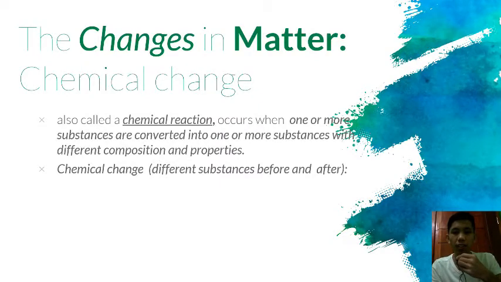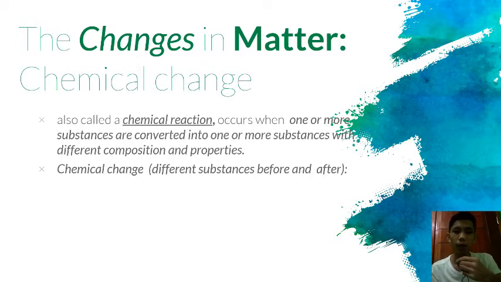Next is the chemical change. Chemical change is also called chemical reaction. This occurs when one or more substances are converted into one or more substances with different composition and properties. As substances interact with each other, there is a change in composition and properties.